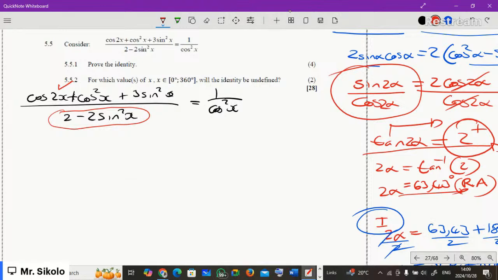Up there we have cos and sine, so we might use both: cos squared x minus sine squared x for our double angle. So we have changed it, plus the cos squared x that was there, plus 3 sine squared x.